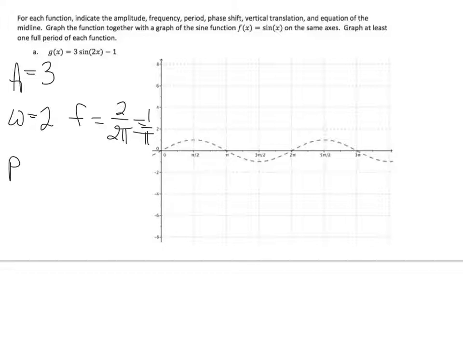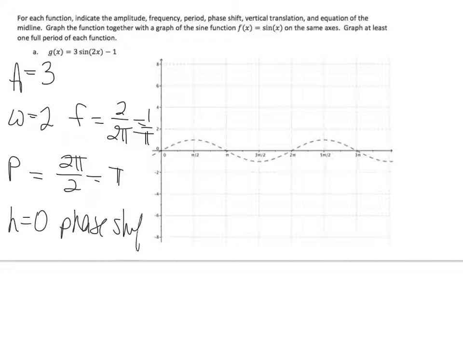Therefore, our period is the flip of that, 2 pi over 2, or pi. H is 0, so our phase shift is 0. Yay! So no horizontal translation.